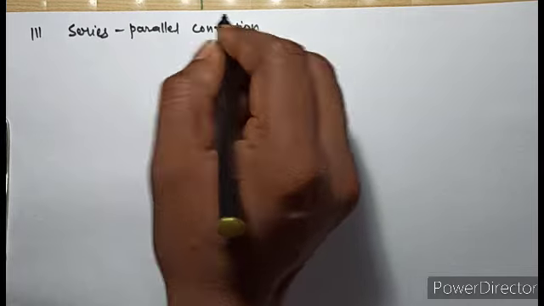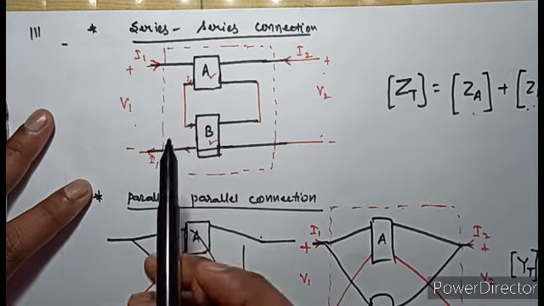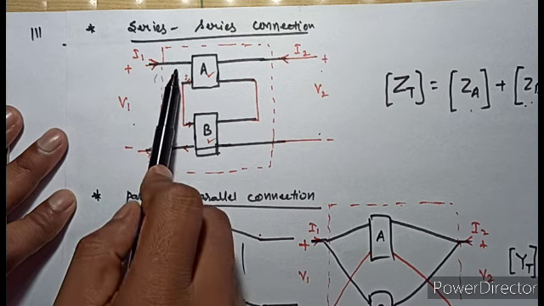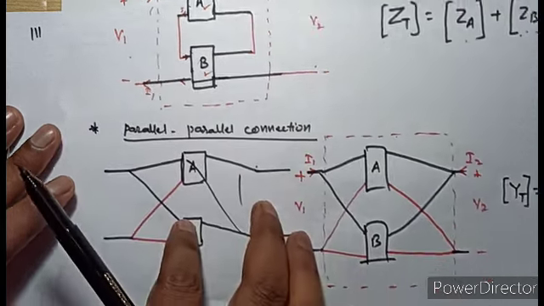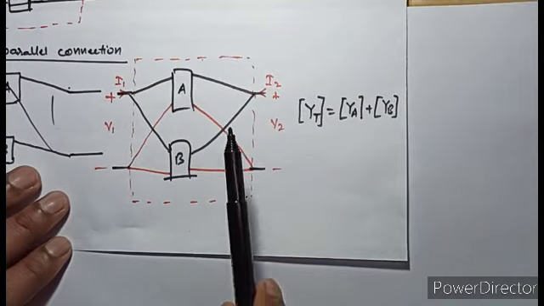Right. Sorry, one more thing I forgot to mention. Basically, in our series connection, the port currents were the same. I1 is entering this port, also I1 is entering this port, and in parallel connection the port voltages are the same.